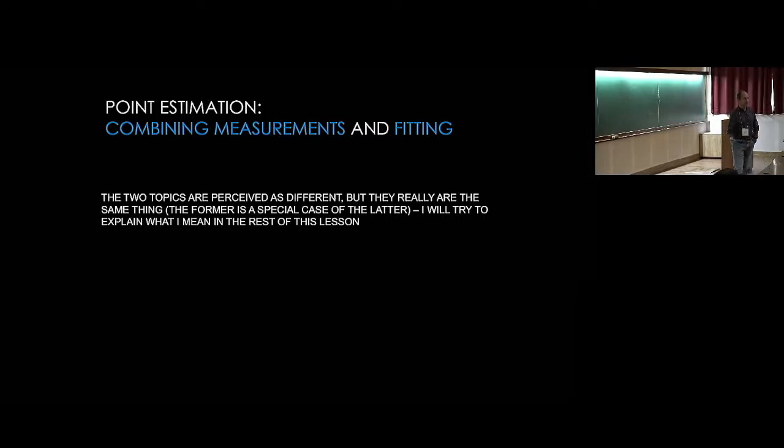The model has some parameters. You estimate the parameters by fitting the data to the model. That means adjusting the parameters such that they best interpret the data that you have. And that allows you to estimate the parameters of the model. So what you do is the point estimation. You assign a value to each parameter.